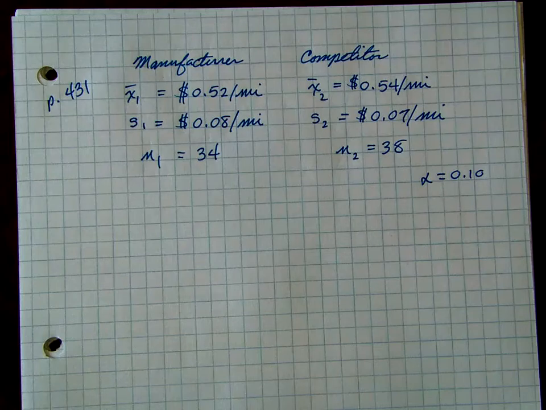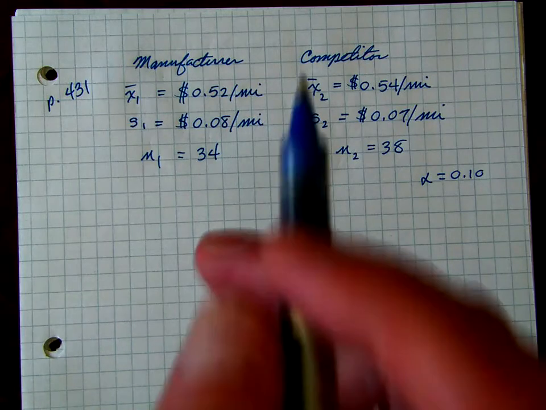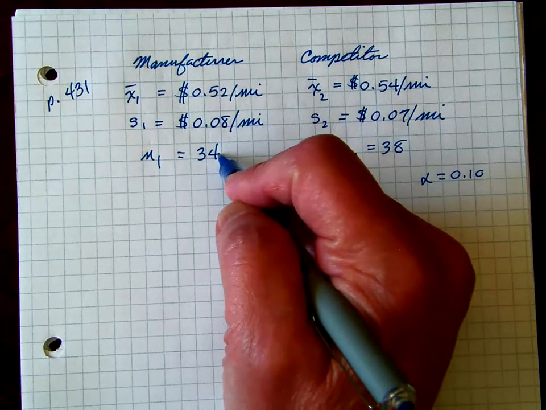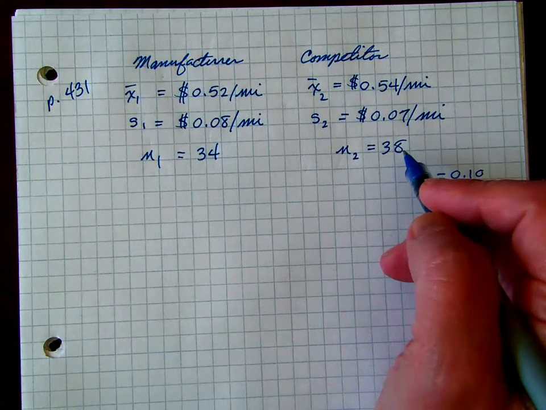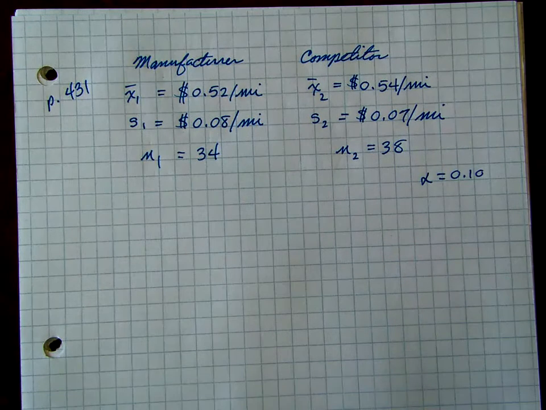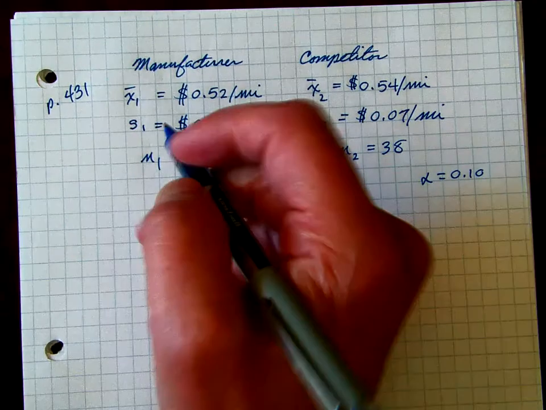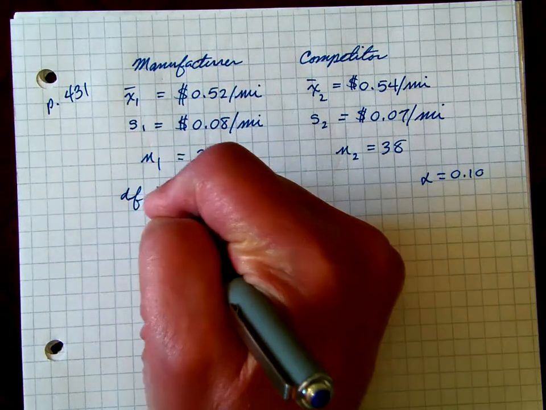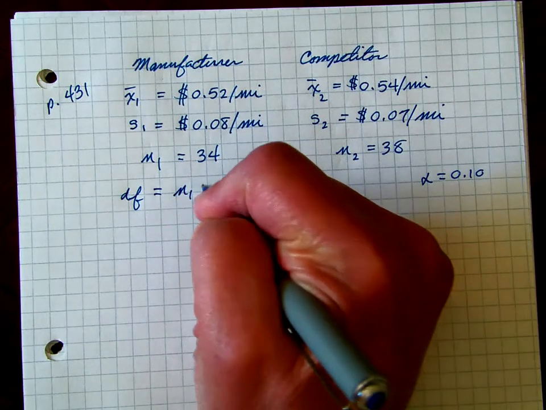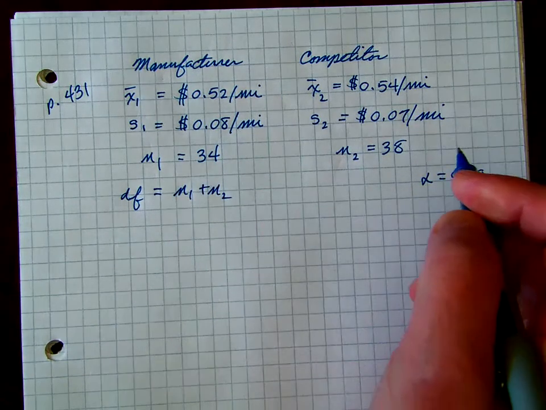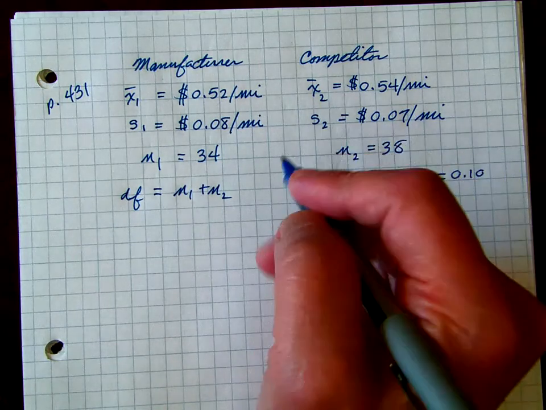As before, we will look at the situation for degrees of freedom, and I think you can see that this one is going to give us 33, and this one is going to give us 37. But when you have equal variances, you have to pull out the special degrees of freedom formula. That formula is: you take N1, add N2, and then subtract 2.